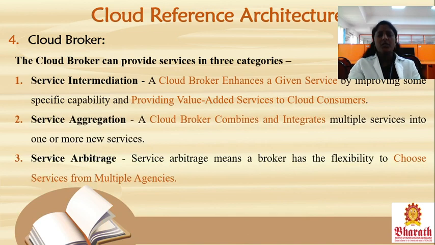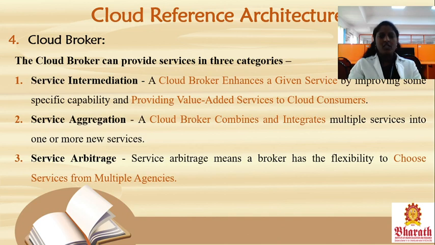Service intermediation enhances a given service by improving some specific capability and provides value-added services to the cloud consumers. It means the cloud broker has already given some services to the consumer by getting the service from the cloud provider, and after that they can also provide some value-added services to cloud consumers.